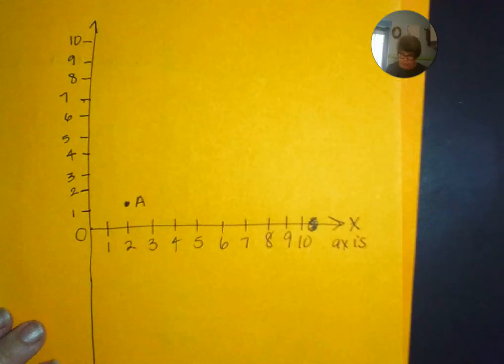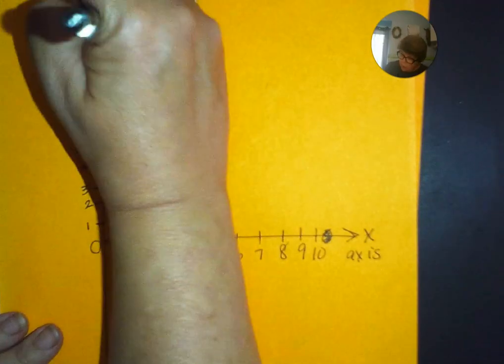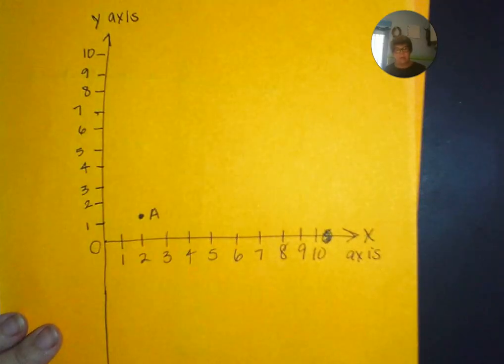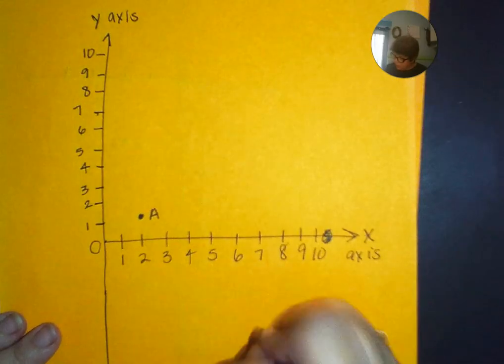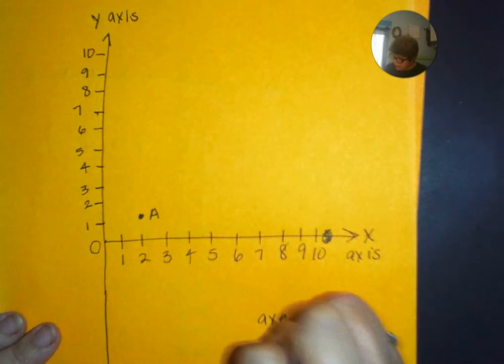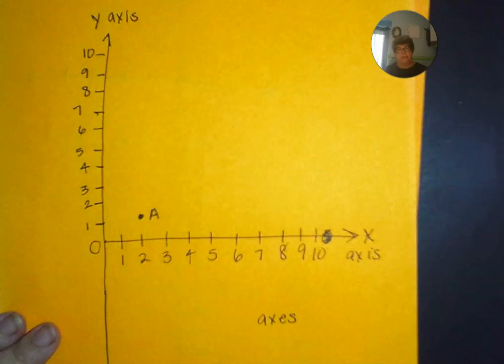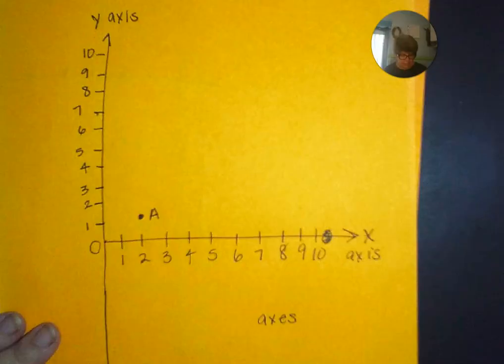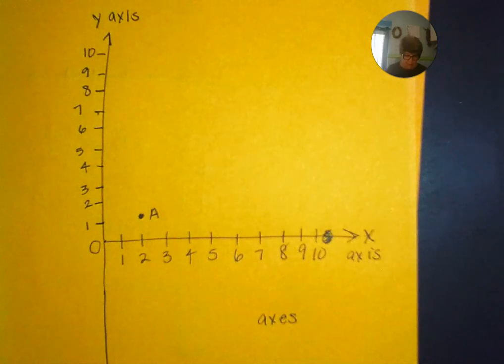Okay, and then our vertical number line is our y-axis, and the coordinate for that one is going to be y. All right, and you'll see why this is important. And when we have two axes, they're called axes. So one axis, two axes.